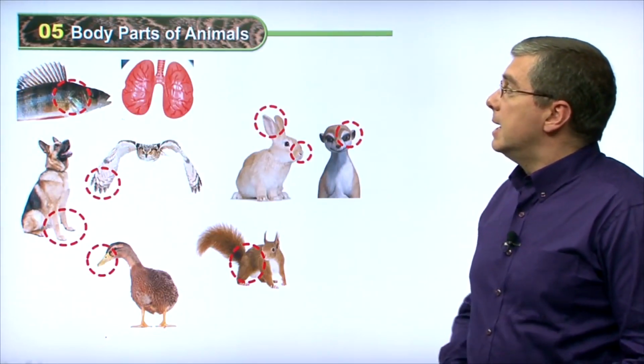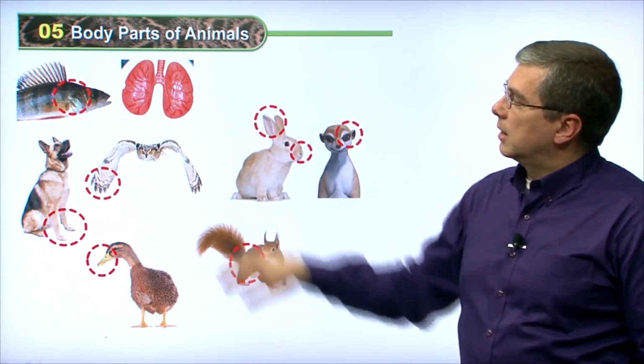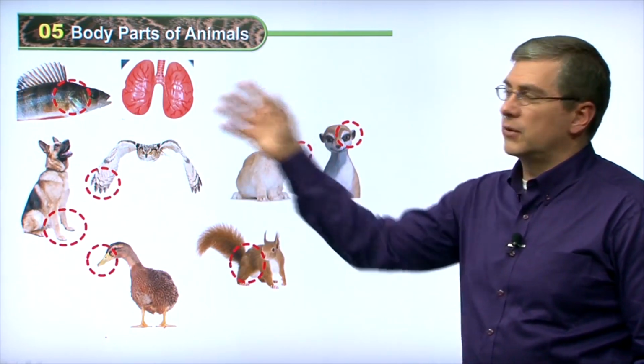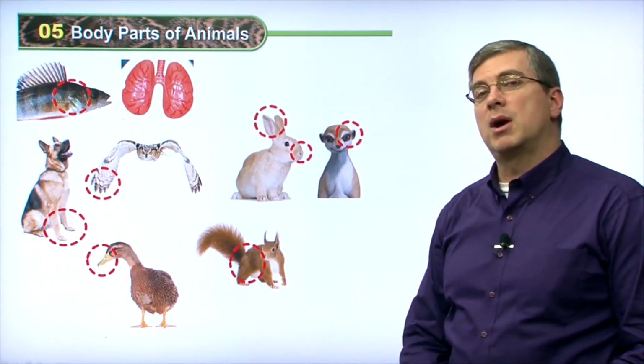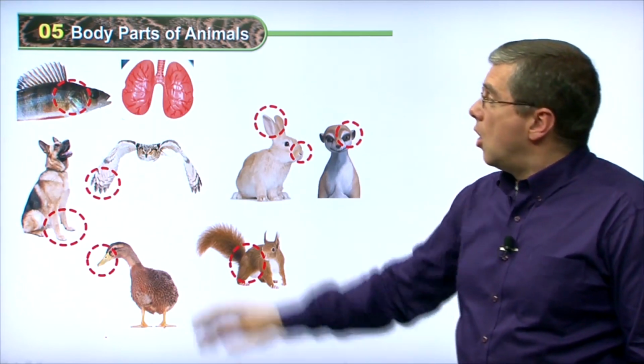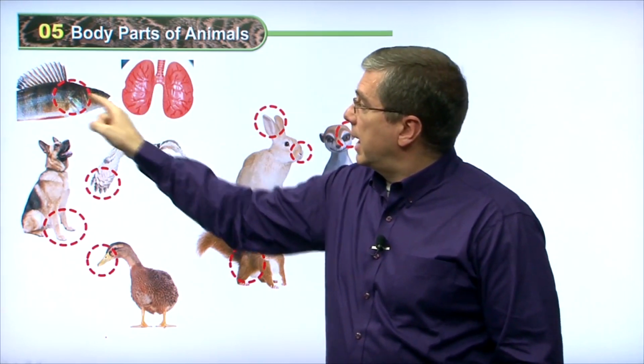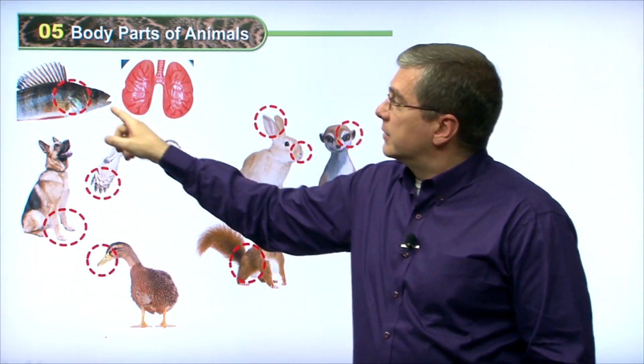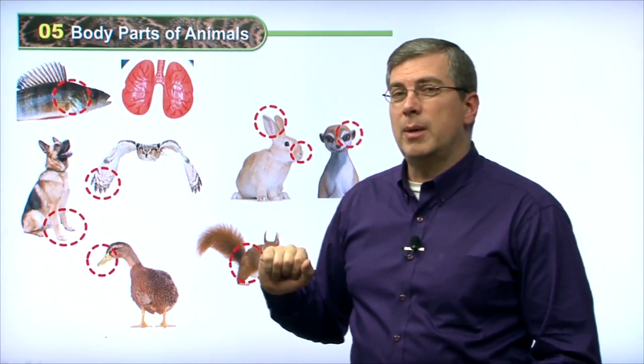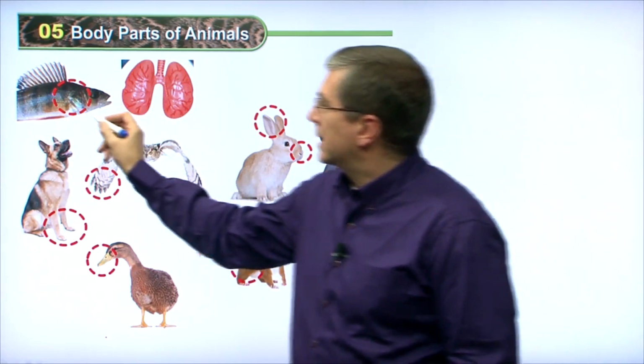Okay. Let's take a look at a chart here. I'll explain this chart to you. This is kind of a review for the different body parts of animals and what they do. Over here we can see these two pictures go together. We have fish here and we have something over here. So what are these on the fish again? Do you remember? These of course are gills, right?